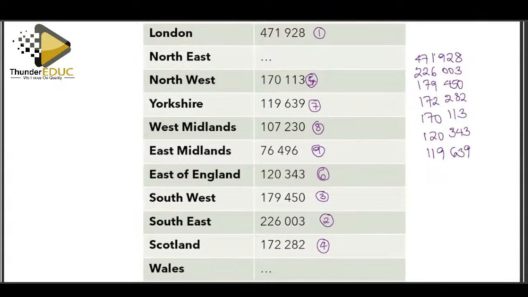Number 8 is 107,230. And number 9 says 76,960. That was the order, descending, biggest to smallest.